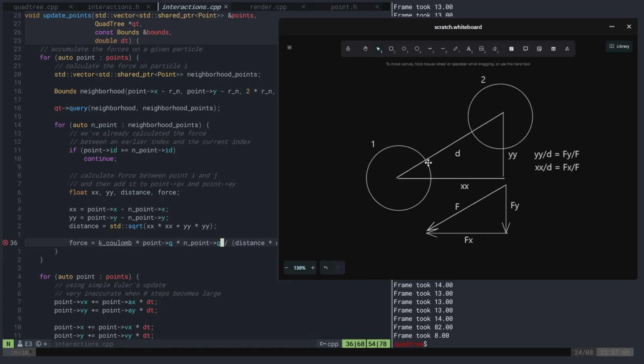But we can deal with that based on whether the magnitude of the force is positive or negative for particle 1 versus particle 2. In terms of the raw magnitude, we have F, we have yy, we have the distance. We can calculate Fy and Fx purely through this similar triangle concept. So let's do that right now.